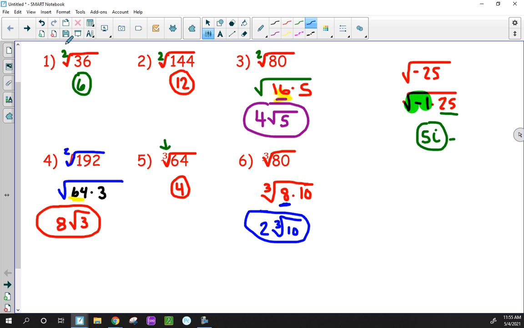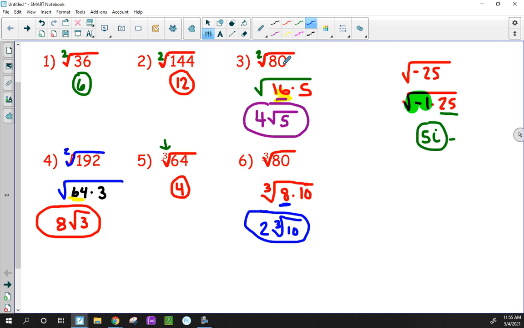Make sure, again, before we go on to different types of problems, you always pay attention to the index number. That way you know if you're supposed to look at the perfect square list or the perfect cube list. You then, secondly, see if this works. Put it in your calculator, do it in your head. If it gives you a nice whole number, go for it, like number 1 and 2 and number 5. If when you type it in, it gives you a decimal, do not give me the decimal answer.